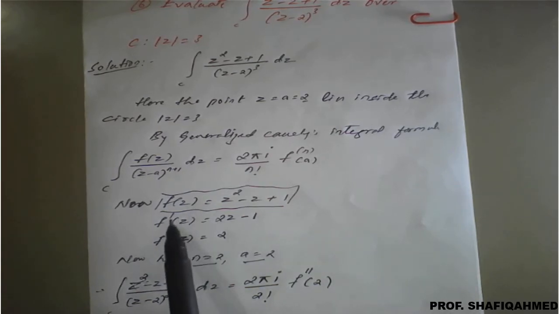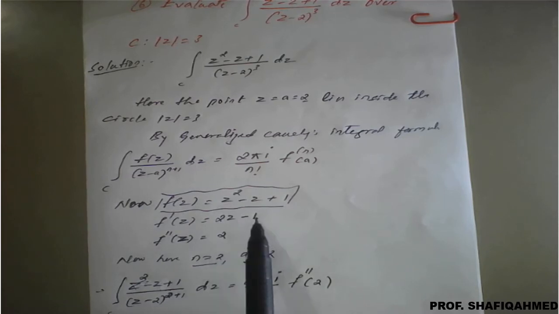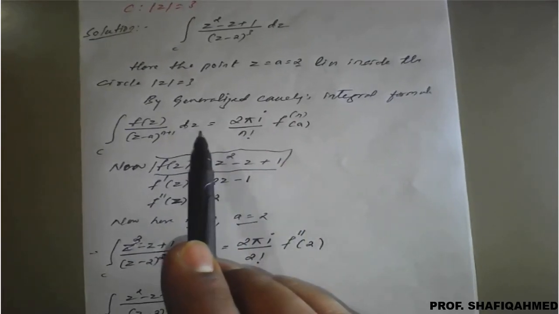If n times, that many times you have to differentiate. So first time differentiation is 2z minus 1 and one more time differentiation is 2. So all these values we need to apply in the generalized Cauchy's integral formula.